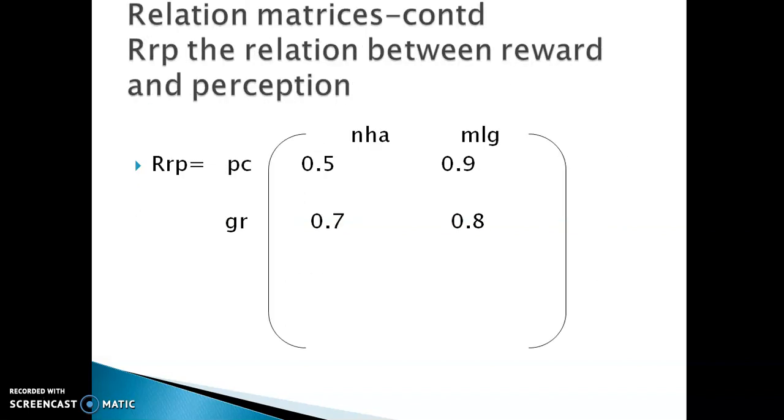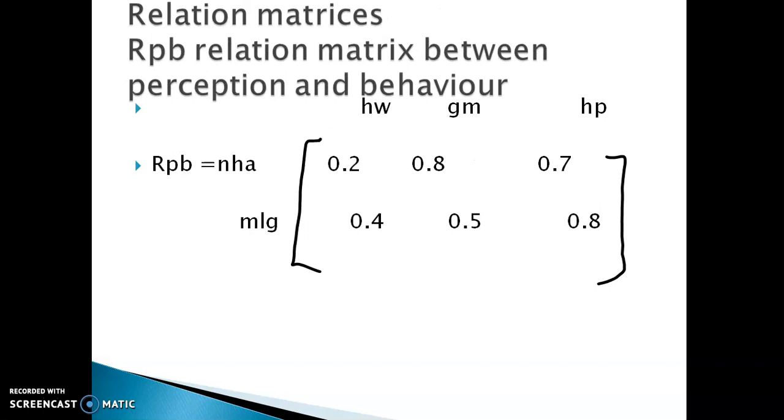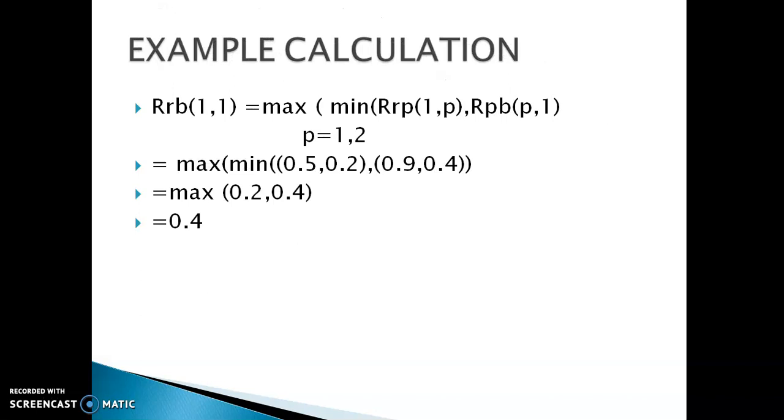RRP has in the first row 0.5 and 0.9, and RPB has first column 0.2 and 0.4. So the (1,1) element will be max-min of (0.5, 0.2) and (0.9, 0.4). The first set has a minimum value of 0.2 and the second set has a minimum value of 0.4, and the maximum between these two is 0.4.